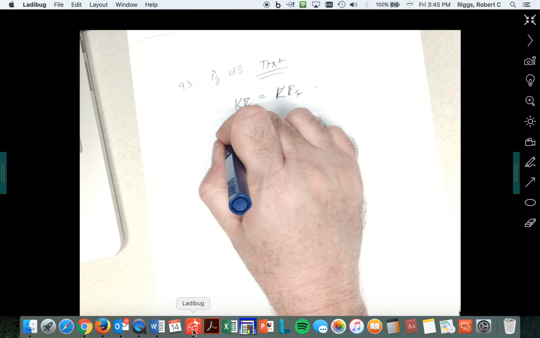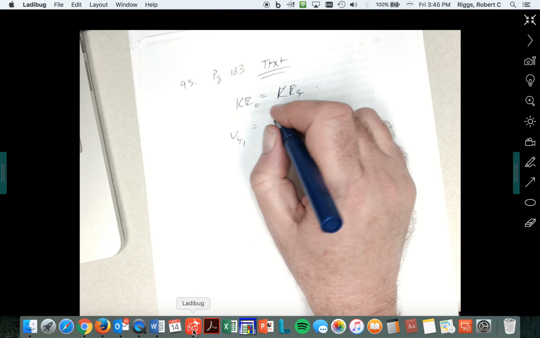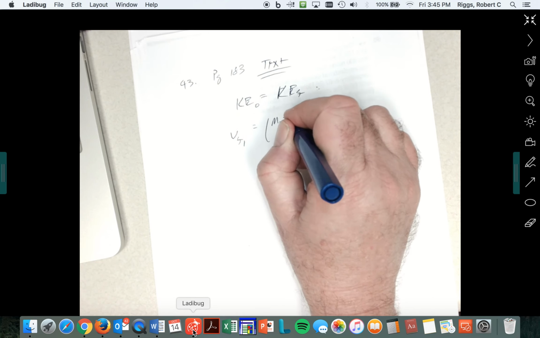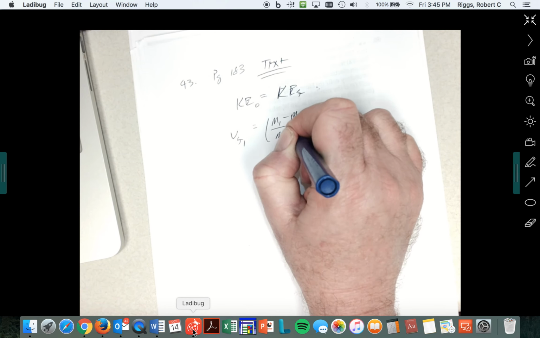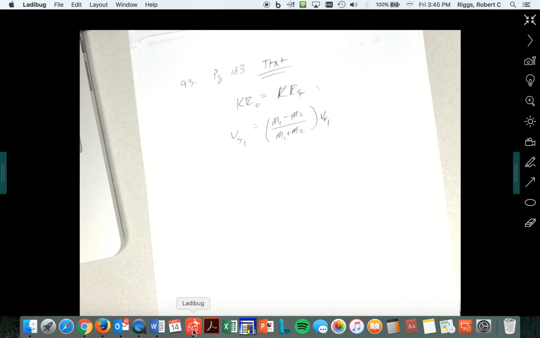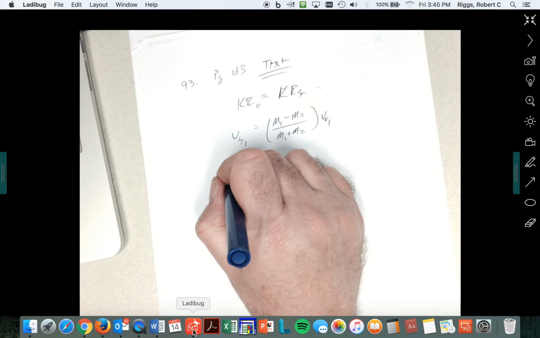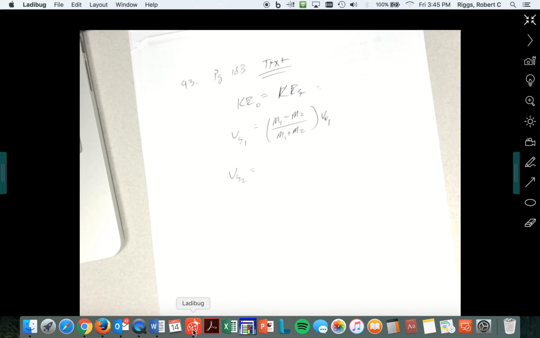The final velocity of the first mass is equal to (m1 minus m2) over (m1 plus m2) times the initial velocity of 1. These equations are kind of buried. This is for an elastic collision where the second object is stationary. If both objects are moving, the equations are a little bit different.